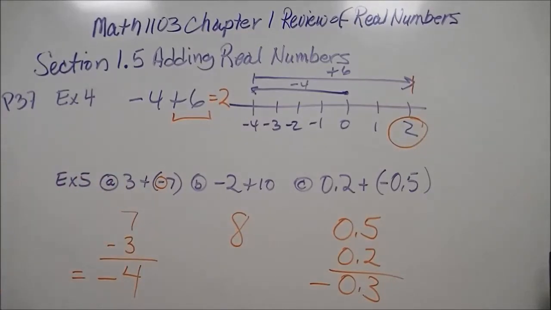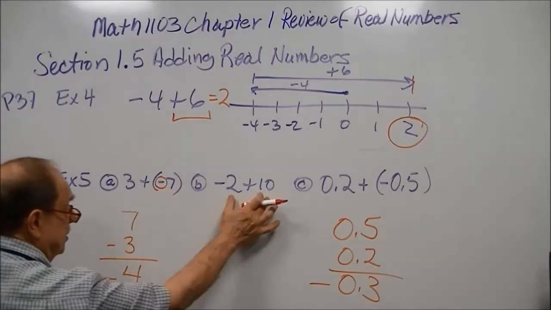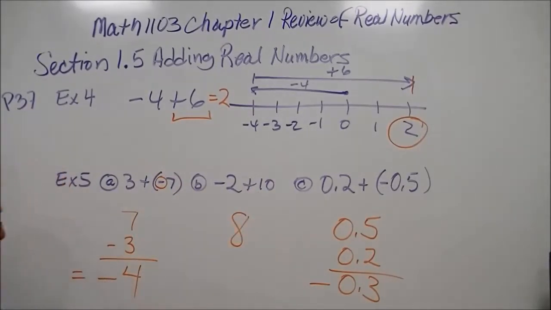And those are our answers. And a strategy for doing this when you are adding unlike sign numbers. That's the technique. Now, if you're using your calculator, of course, just putting it in there correctly, the calculator keeps track of the signs for you.